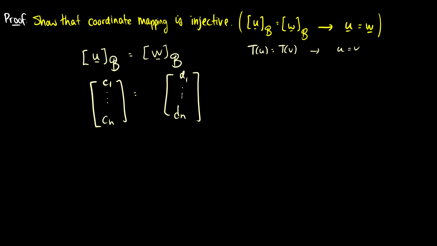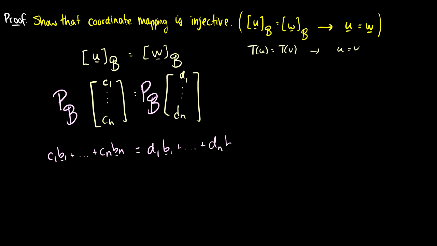Okay, so at this point I'm going to left multiply both of these vectors by the transformation matrix. So I left multiplied u by the transformation, and I left multiplied w by the transformation. So now what we get is c1b1 plus all the way up to cnbn, because this is just multiplying the vector by the matrix. And on the right, we're going to get d1b1 plus all the way up to dnbn.